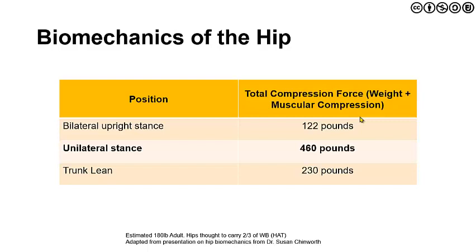But if we go into unilateral stance, the force significantly increases, and it's not just because of weight, but it's due to muscular compression. We're having to stabilize dynamically on that side, and so again, force will go up significantly. If we lean the trunk, force still goes up, but not as much as if we go into unilateral stance. So if we are looking to load the hip, unilateral stance is a very effective strategy to do so.